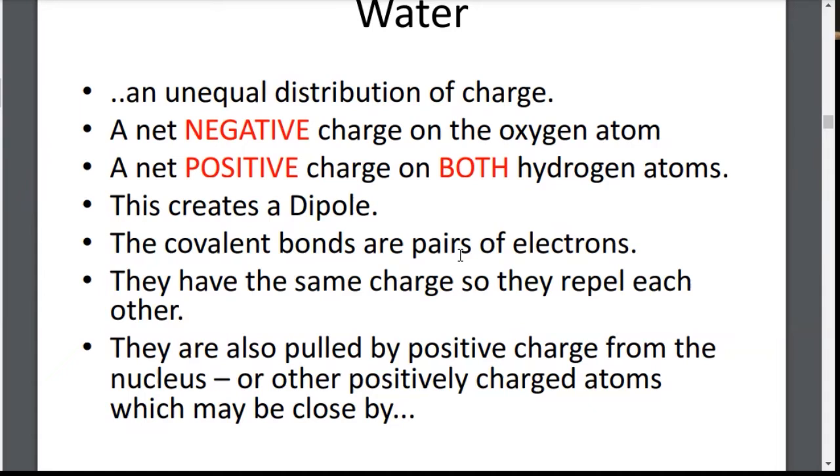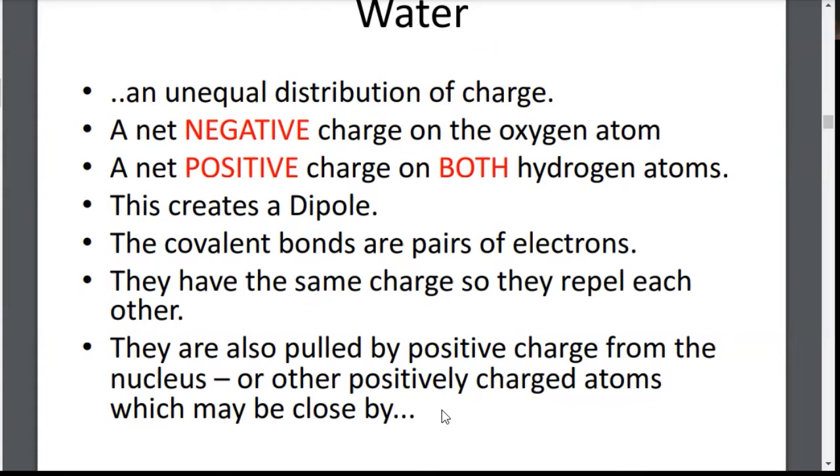So the two electrons in a covalent bond repel each other, but they're also pulled by the positive charge from the nucleus inside the oxygen and the proton inside the hydrogen atom. But they can also be pulled by positively charged atoms which may be close by.